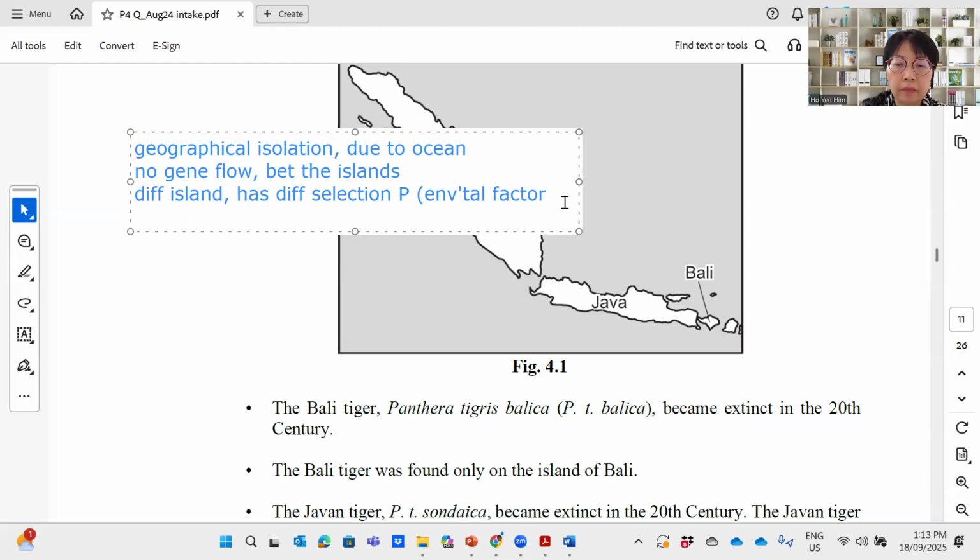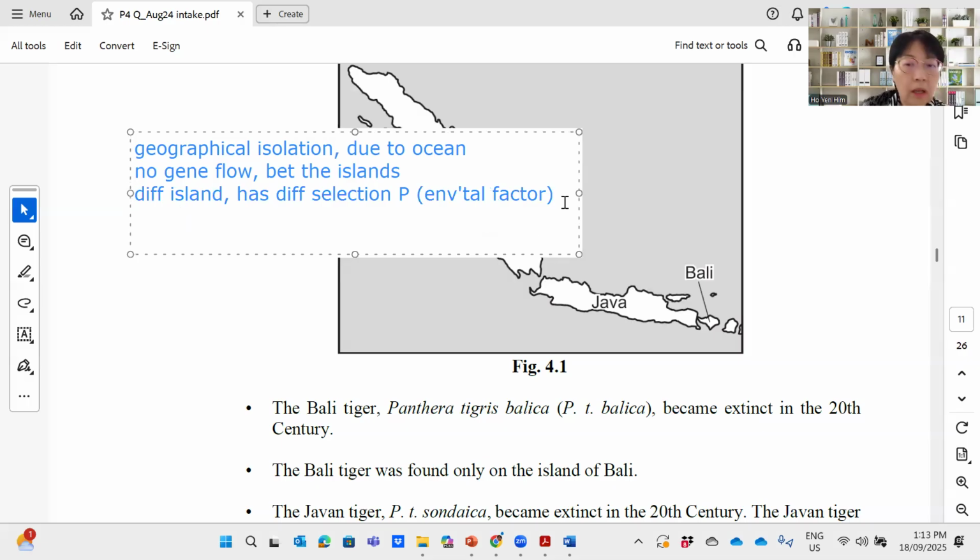So after that, next, it's all possibility that can cause them to become different: mutation. So two things can cause them to be genetically variable. One is because of different selection pressure will select different allele. Mutation create new allele.